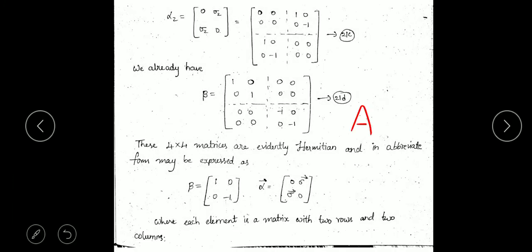If A is a matrix, and we do the transpose of A and again find its conjugate, and after transpose and conjugation we get the same matrix A back, that is nothing but a Hermitian matrix. So these Dirac matrices are Hermitian.